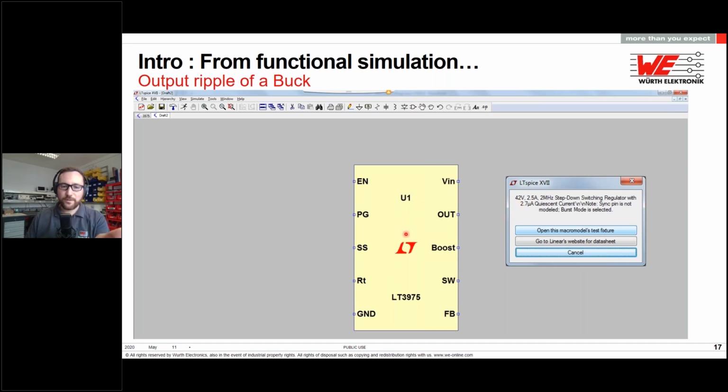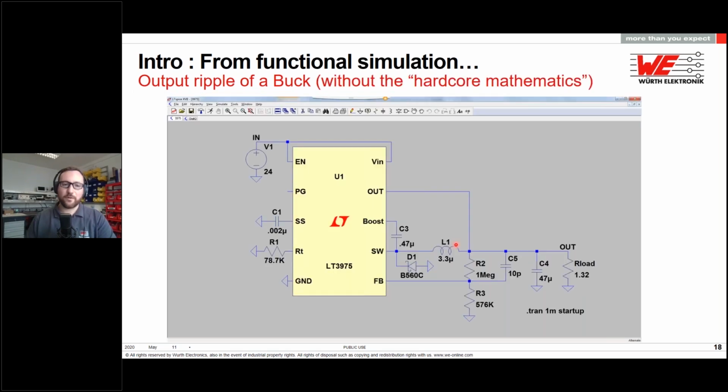And once you drop this controller here on the schematic, then you can left click and click on open this macro model test fixture. Once you have a macro model test fixture, you can start simulating already. And this enables you usually to get the output ripple of this buck, so the ripple voltage on this node here, in a few seconds time.